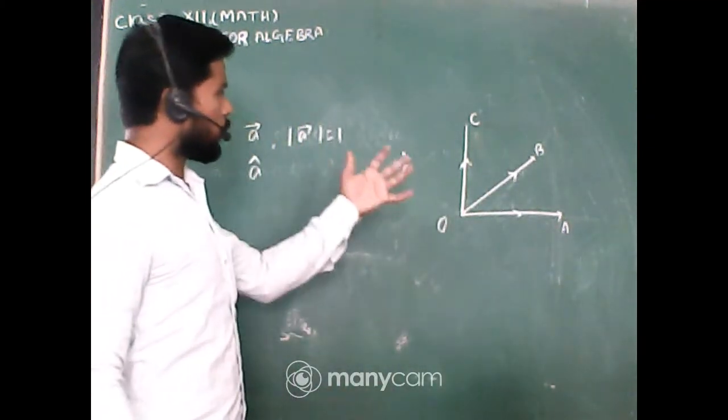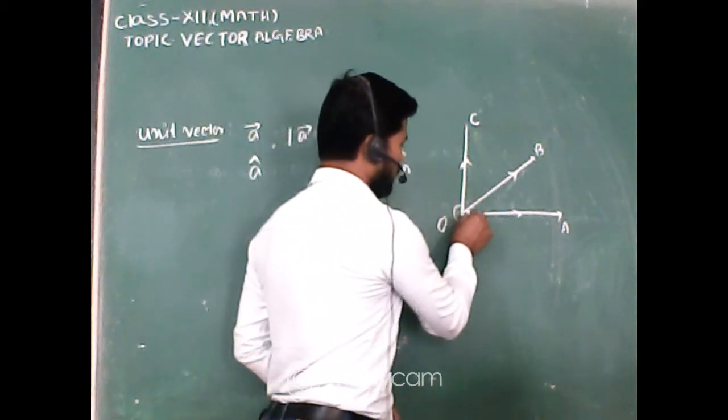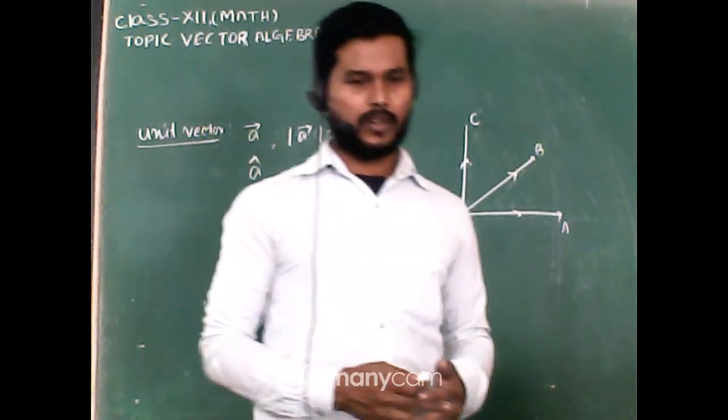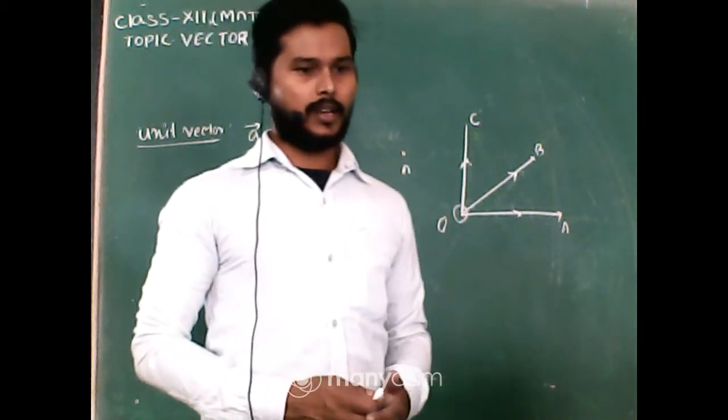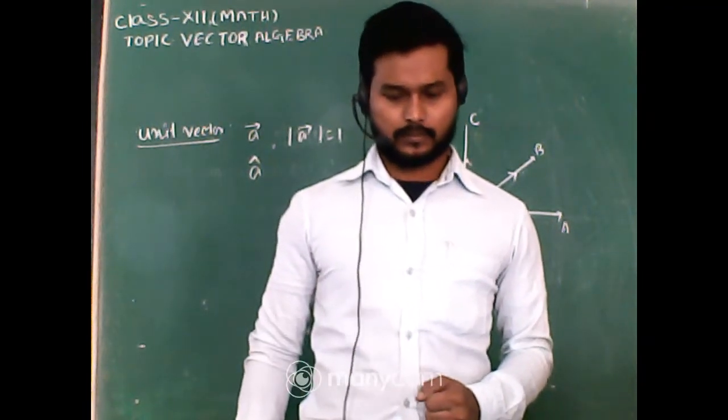So OA, OB and OC are three vectors having the same initial point O. So this type of three or more vectors are called co-initial vectors.